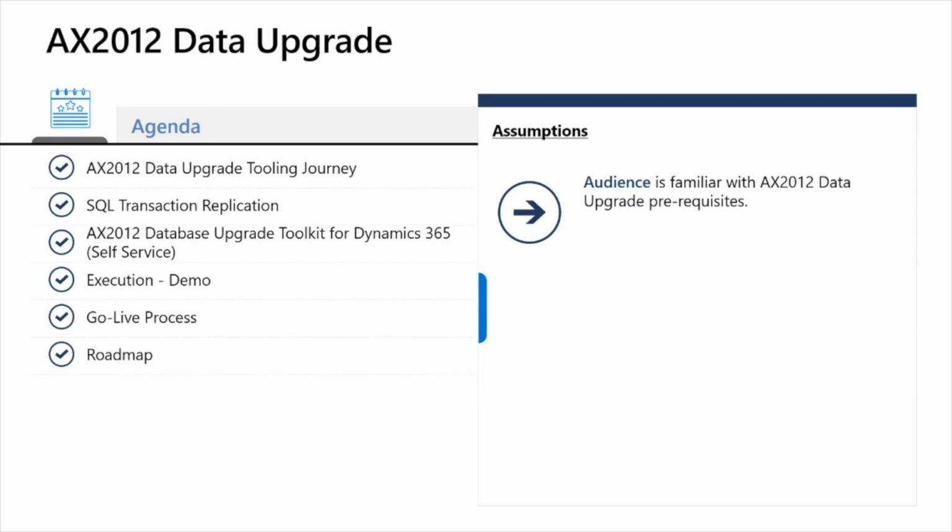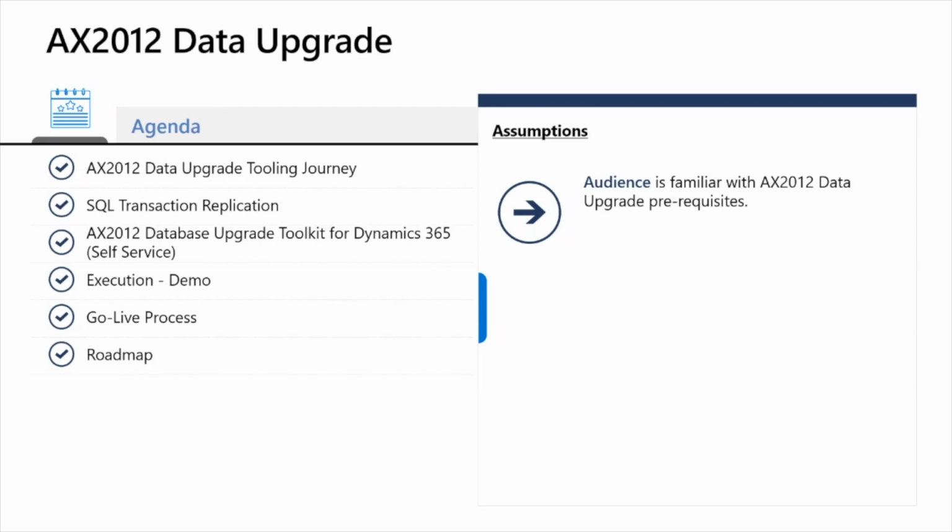Talk about the AX2012 database upgrade toolkit for Dynamics 365 that actually works in self-service environment. We have a pre-recorded demo to show you how this toolkit works from a data upgrade perspective. And then talk about the go-live process. What should be the typical go-live process from a data upgrade perspective for AX2012 customers, and talk about some of the roadmap and feature investment.